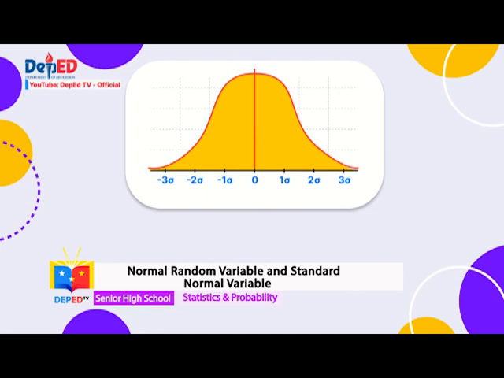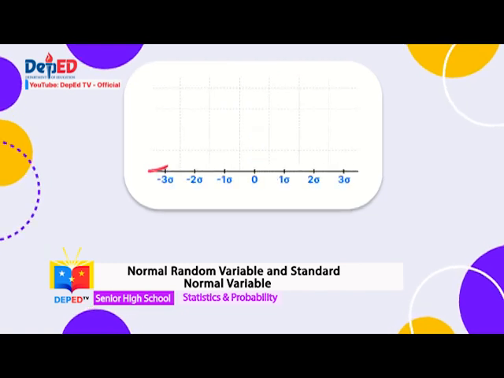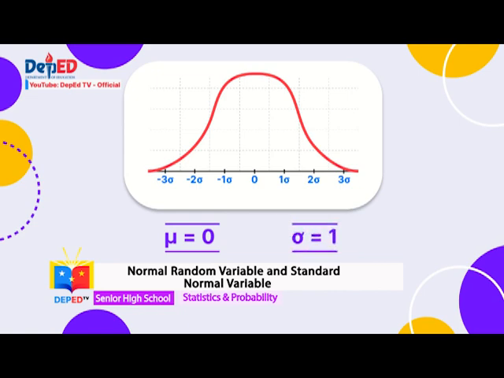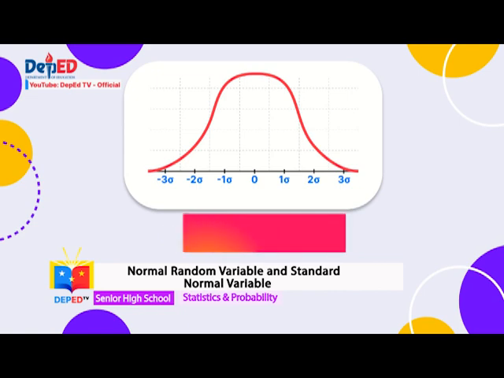This means that the normal curve represents the probability or the proportion or the percentage associated with specific sets of measurement values. A normally distributed random variable with a mean of 0 and standard deviation of 1 is called a standard normal variable.